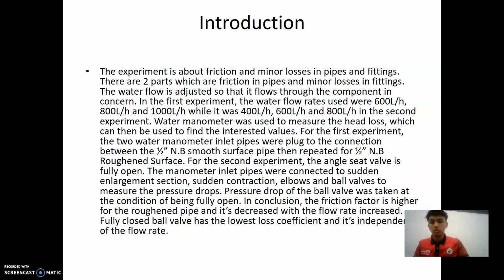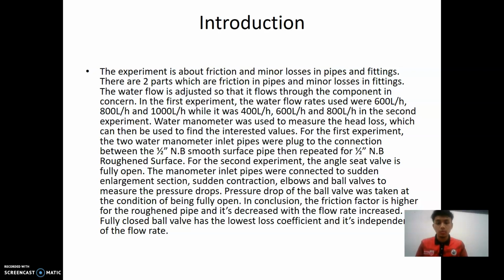Basically, we use different flow rates, and these different flow rates will be used to determine the value of loss coefficient in experiment 4. We also use different sizes, which are half inch and 1 inch, and these different sizes also have different surfaces, whether smooth or rough.